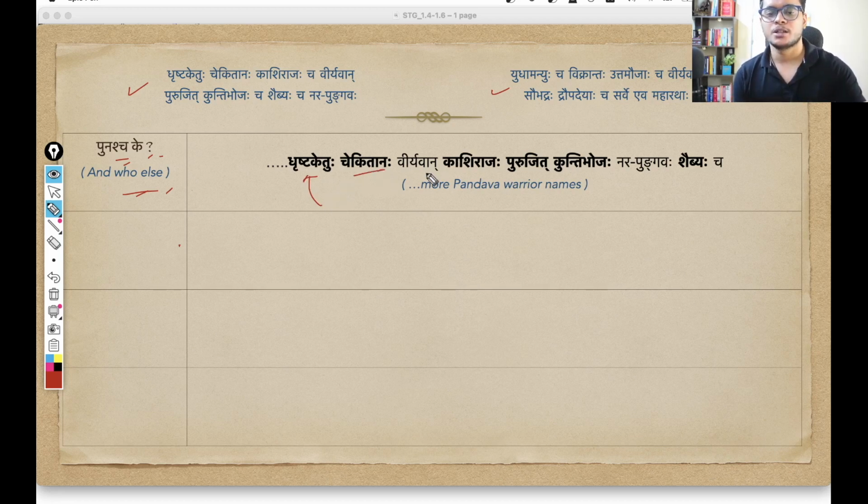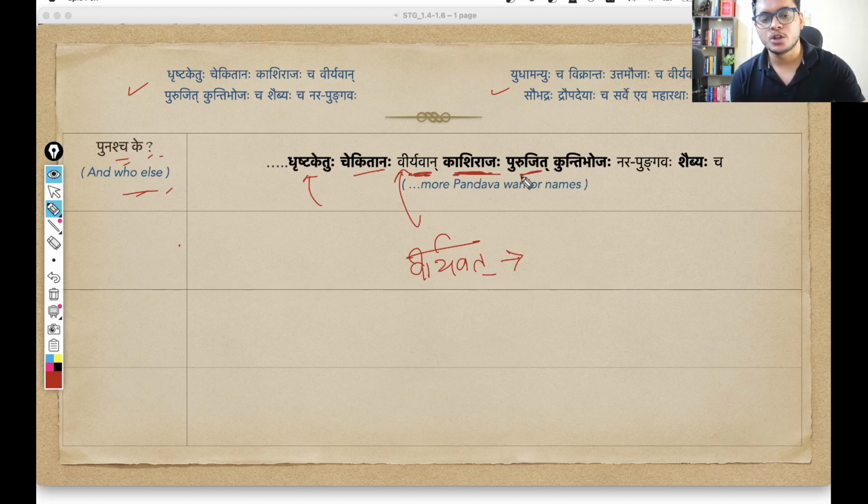Chekitana, again another warrior from the Pandava side. Viryavan Kashi Raja. So Viryavan, this is an adjective. The root word is Viryavat, and it simply means skillful, powerful. Very courageous, very skillful, very powerful. So Viryavan Kashi Raja. Kashi Raja, he was the king of Kashi kingdom.